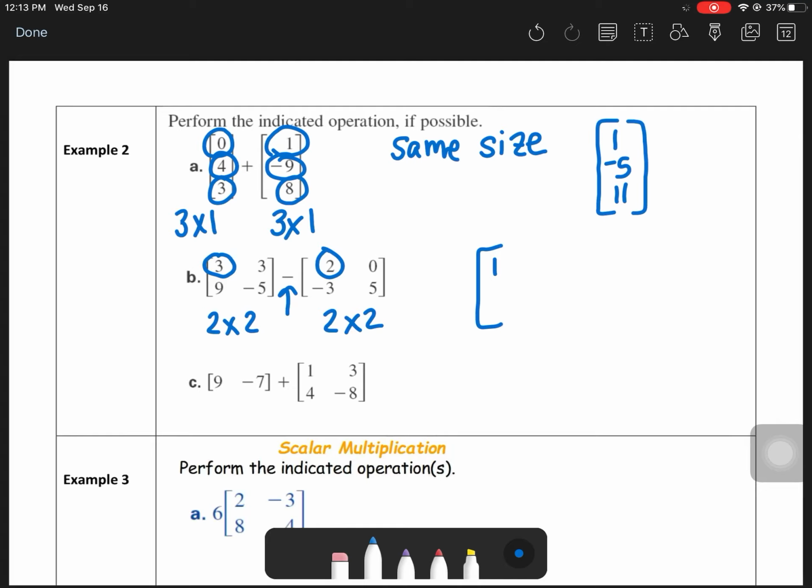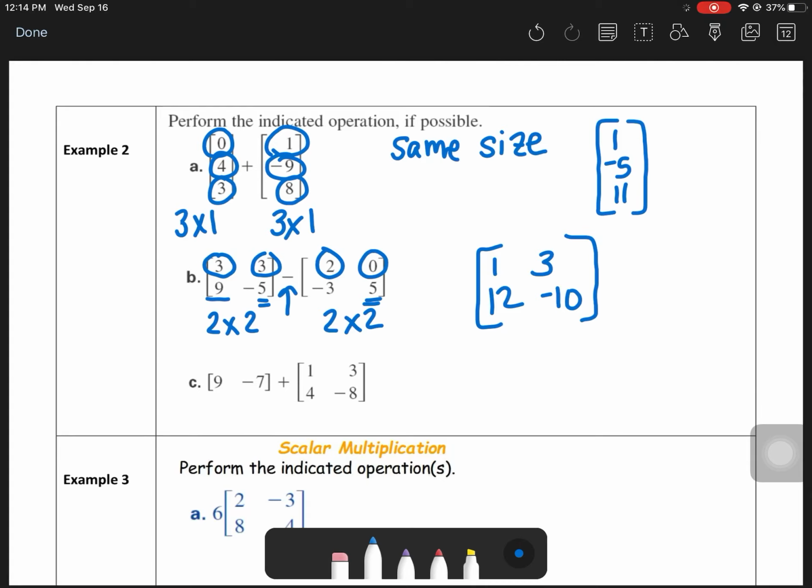Please be careful with the negatives. 9 take away negative 3. Remember, take away a negative is plus, so 9 plus 3 is 12. Then we have 3 minus 0, which is 3. And then we have negative 5 take away 5, which would be negative 10.